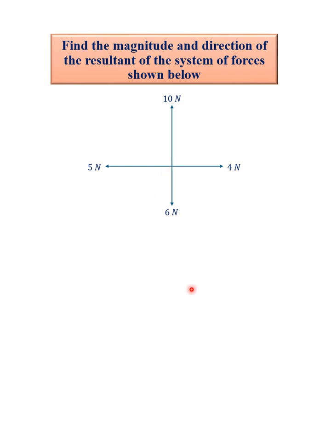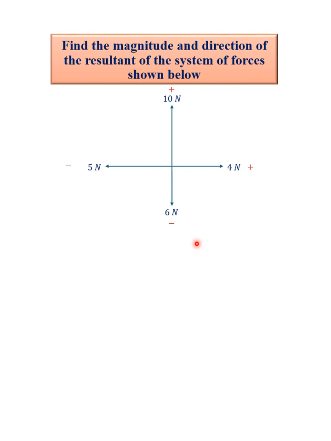The first thing is that we want to assign direction or signs to these forces. So we're going to say the force to the left is negative, the force to the right is positive because they are opposite. The force towards the south direction, negative, and the force to the north, positive.